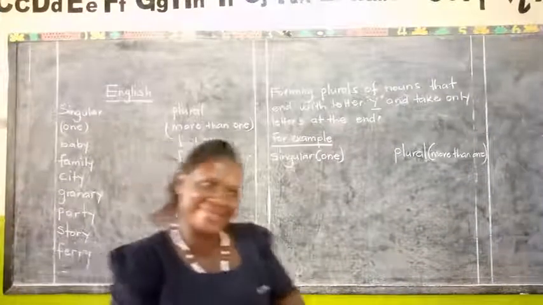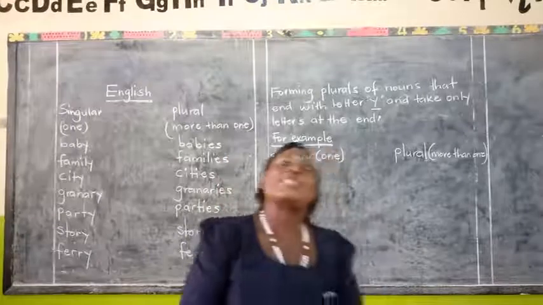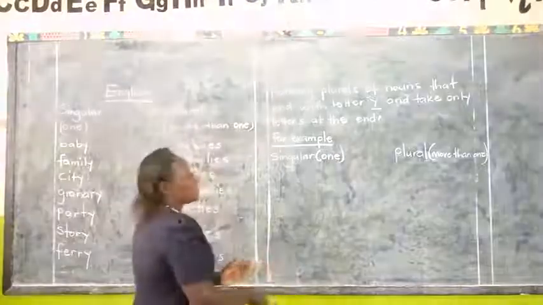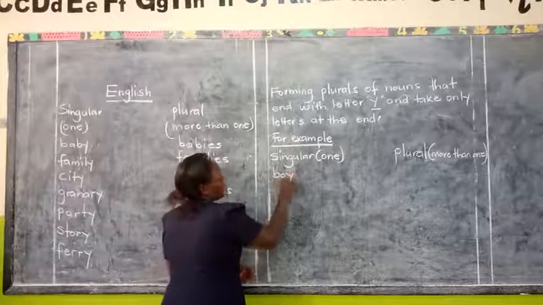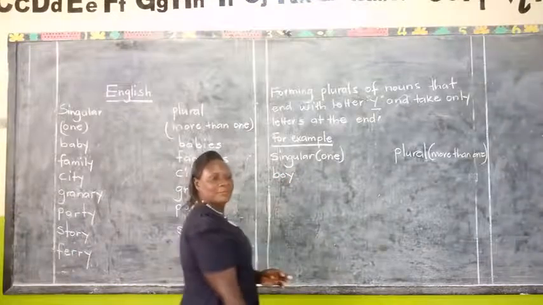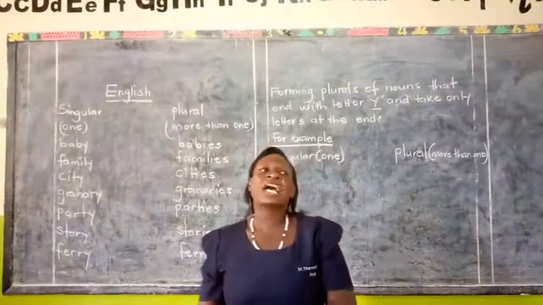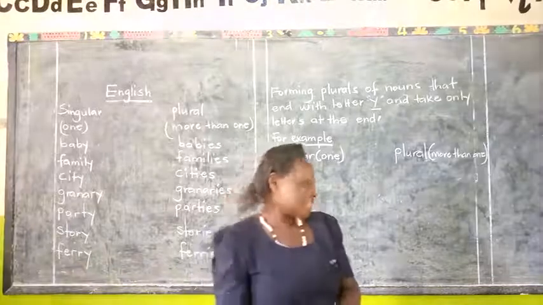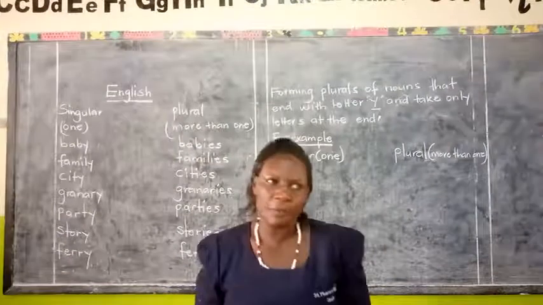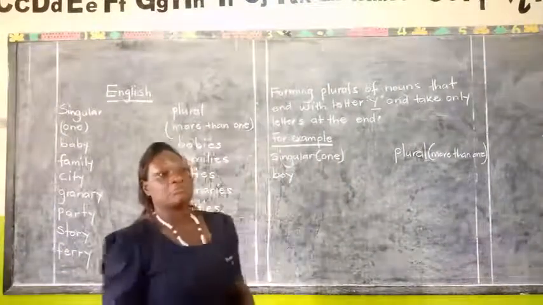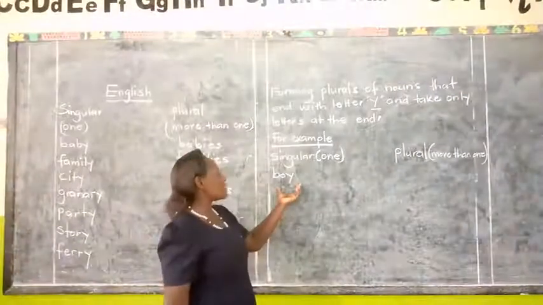Among these nouns that take only letter S and end with the letter Y, we have this commonest word here, the noun boy. With boy, we don't add on IES. Even if you try to write it somewhere and you add on IES, the word will look awkward, and I have never seen it in the grammar.